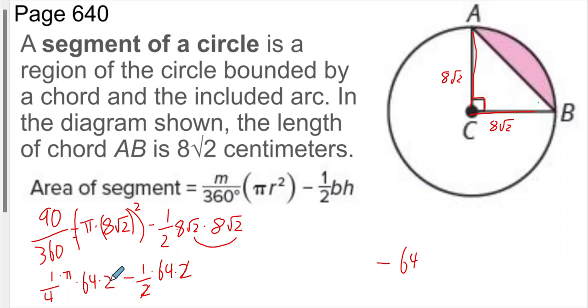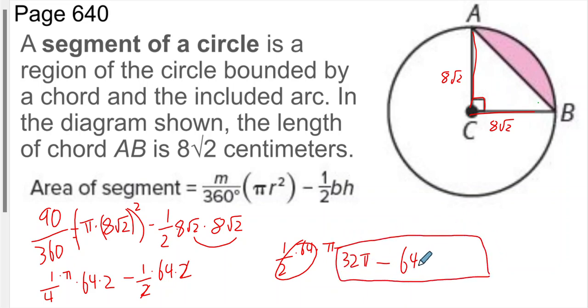I can cancel out the 2 and the 4, and I'm left with 1/2 times 64 times pi. These can cancel out, so I can get 32 pi, and this is going to be my answer, but it's area, so remember it's centimeters squared.